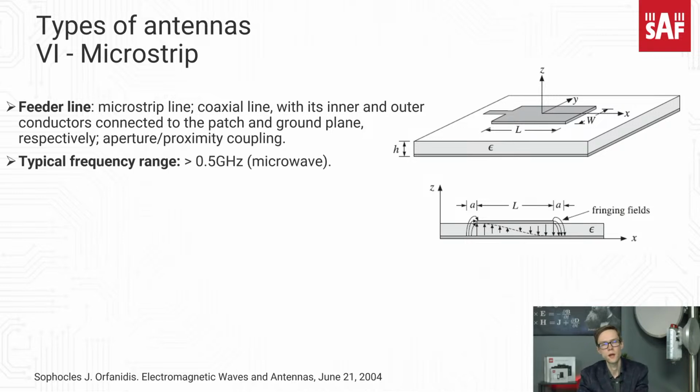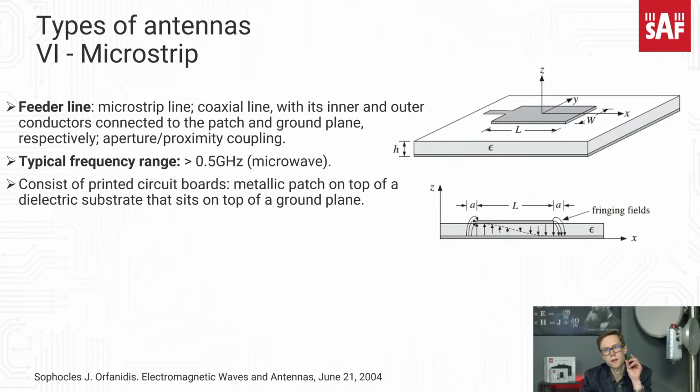It is usually used for the microwaves, for some higher frequencies, and because it is very compact, it is used mostly in mobile devices like mobile phones, smartphones, etc. And this patch antenna consists of a printed circuit board, right? The metallic patch on top of a dielectric substrate that sits on top of a ground plane.